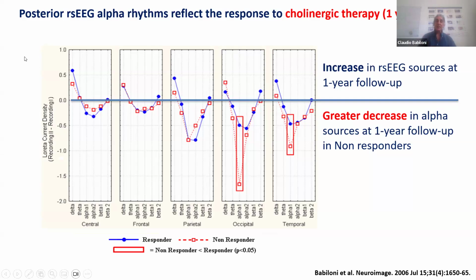So when you see 0, this means that the source activity didn't change after 1 year of treatment. If you see negative values under the blue line, this means that there is a decrease of source activity in a given frequency after 1 year.